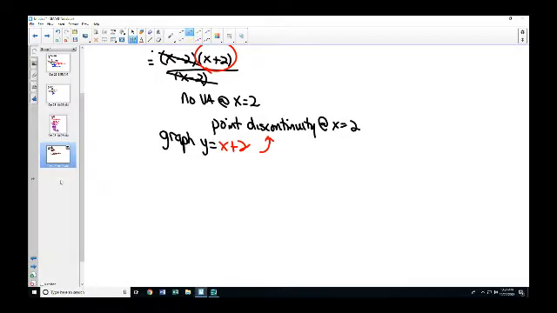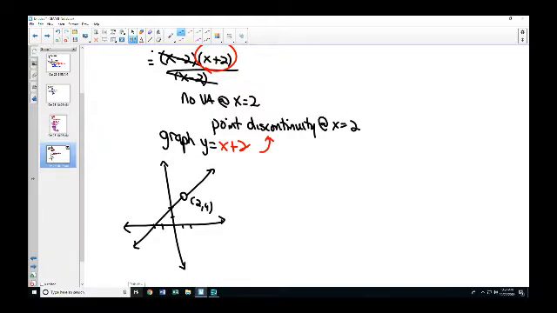You're just graphing x plus 2, so then you have a hole at 2. That's the graph of that rational function.